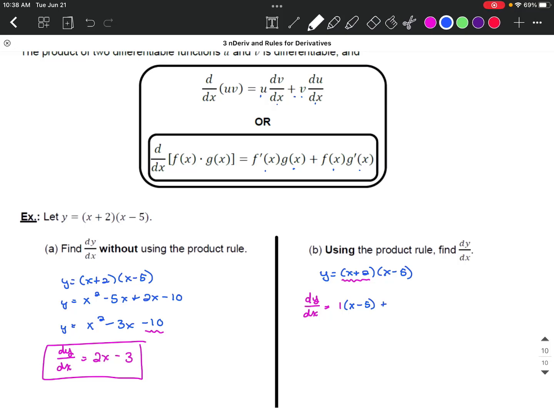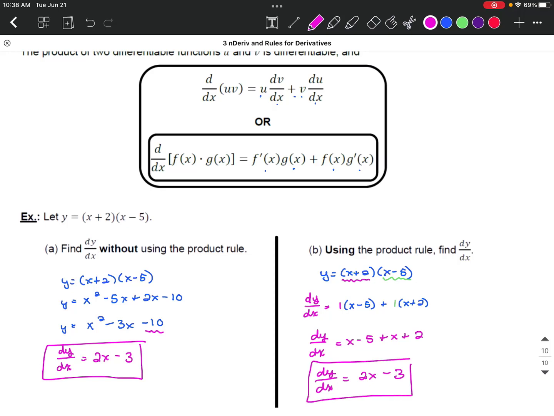Then we add, and this time we're going to keep the first part, x plus 2, but the derivative of x minus 5 is 1. Now, since both of those were 1, it's not that difficult to multiply. It's just x minus 5 plus x plus 2, and a lot of you will even skip that step. I would. Combining like terms, I have 2x minus 3, and we do get the same answer.